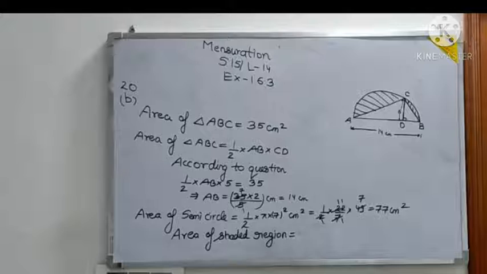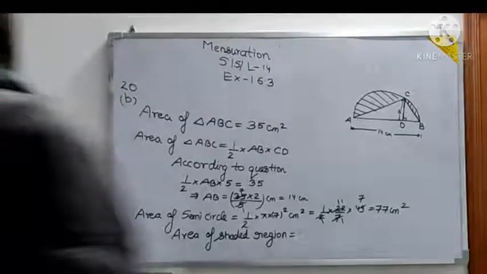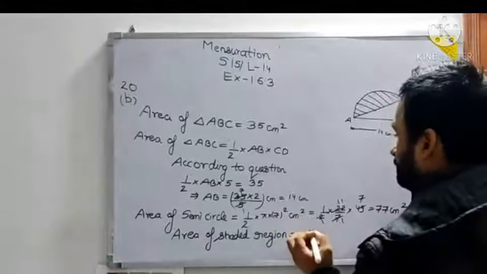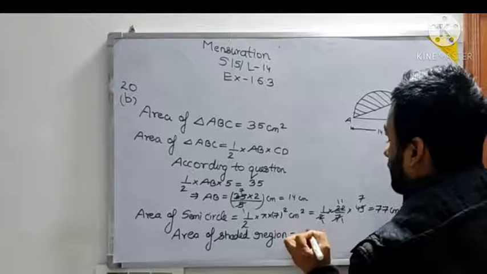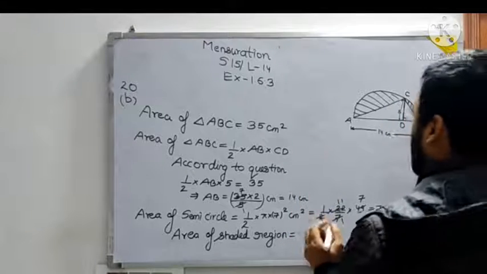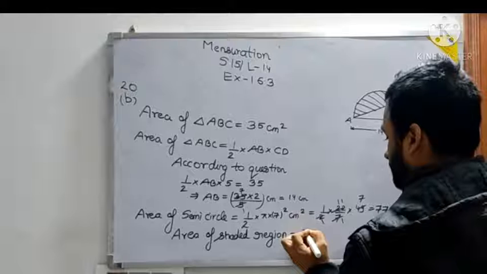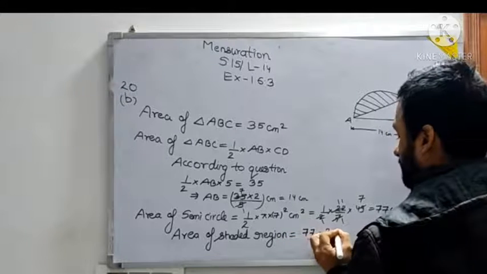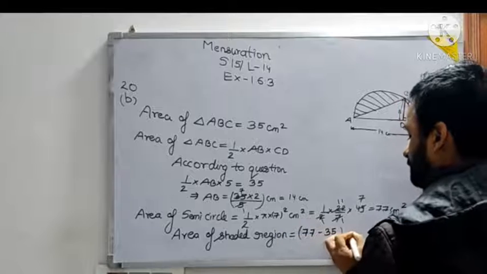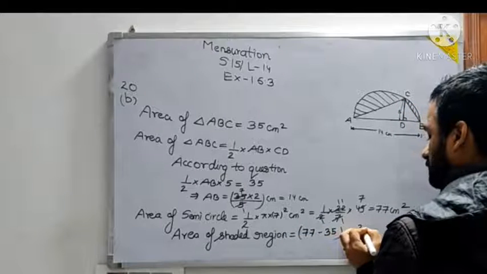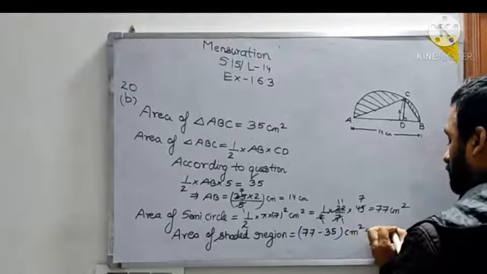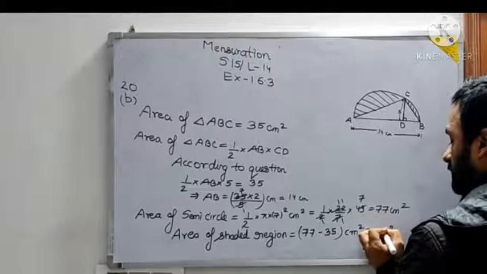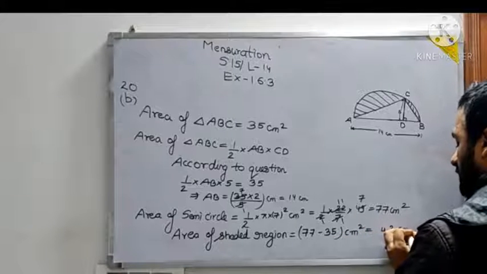So the area of the shaded region will be the area of the semicircle minus the area of the triangle. So 77 minus 35, that is 42 centimeter square.